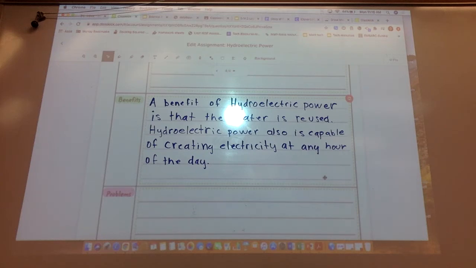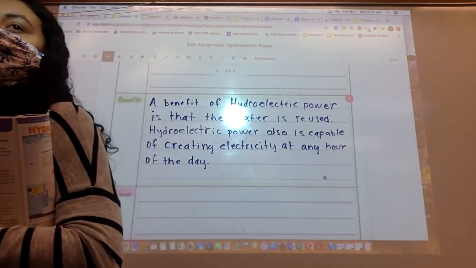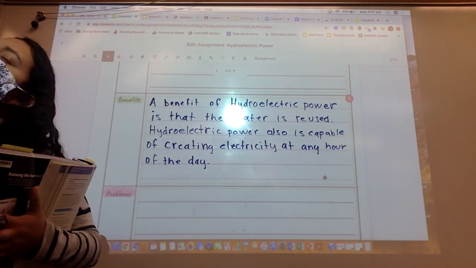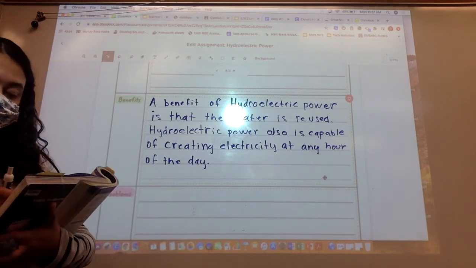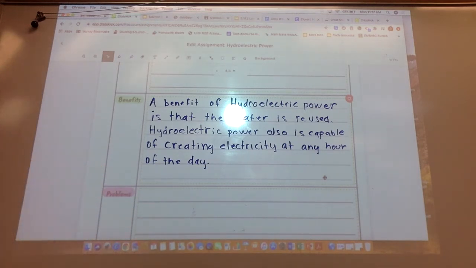When energy is low, pumps move water that had already flowed through the turbines back up to a storage pool. Is that a problem? No. I think we're going to find our problems in part 4, the arrow of part 4. So we're right here.